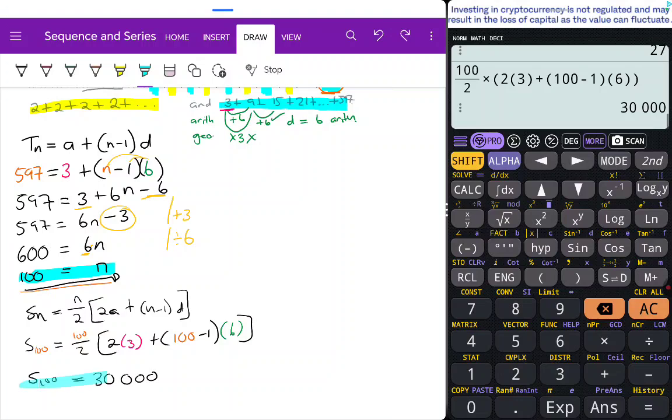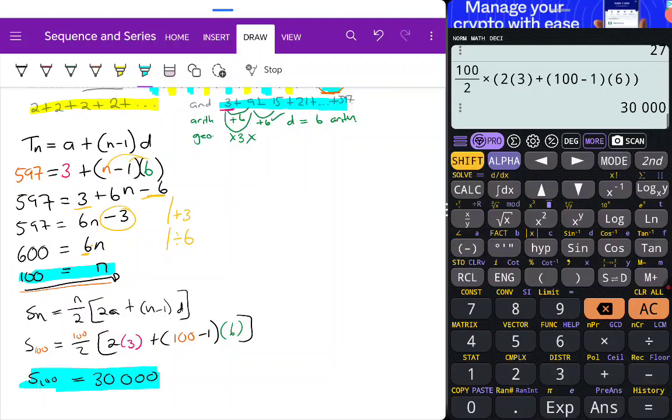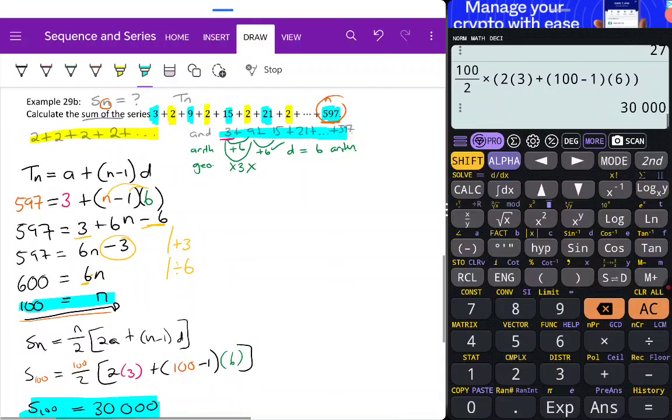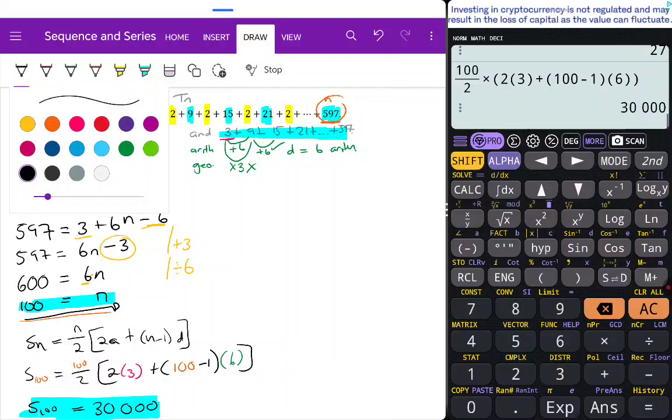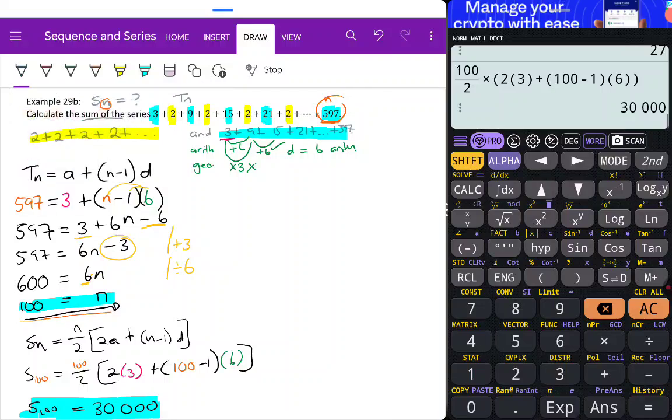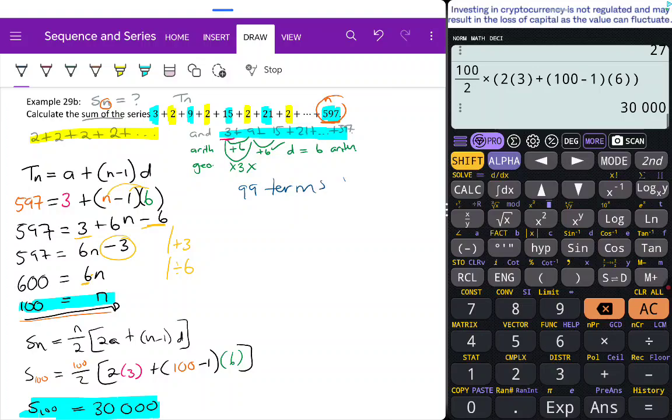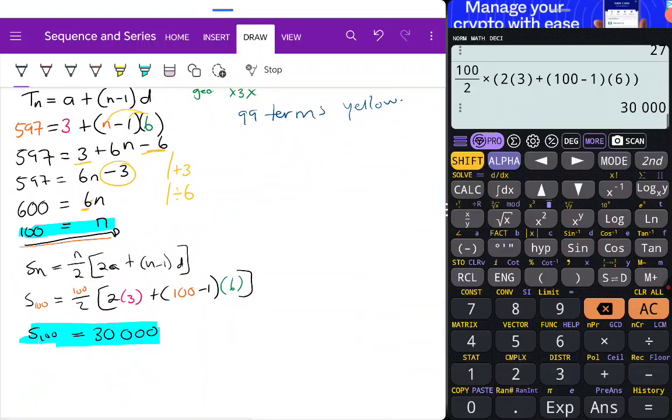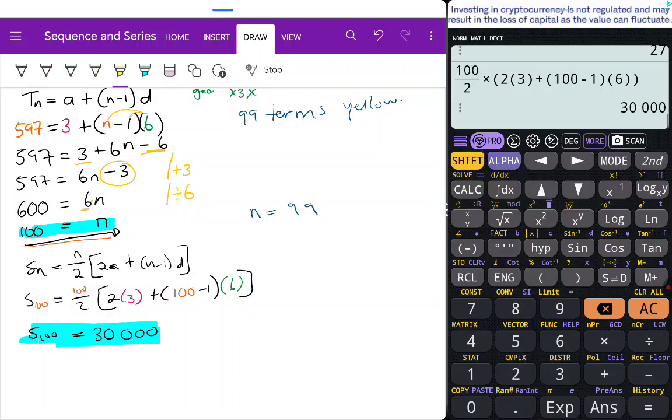Okay, now what about the yellow one? We know that the yellow one consists of 2's only, and those 2's will end 1 before n. So the last yellow term is going to be n minus 1, and n is 100. So there are 99 terms on the yellow one. We know that n equals 99 for the yellow one, based on the logic we just discussed.